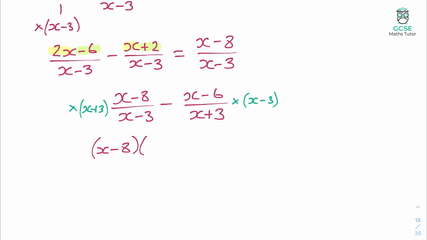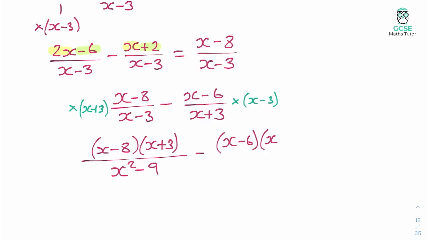So x minus 8 times x plus 3. And that's going to be all over the double bracket x minus 3 times x plus 3, which is just x squared minus 9. That's that difference of 2 squares. I'm confident enough to just write that in. So then we've got on the right x minus 6 times x minus 3. And that is all over the same, x squared minus 9.